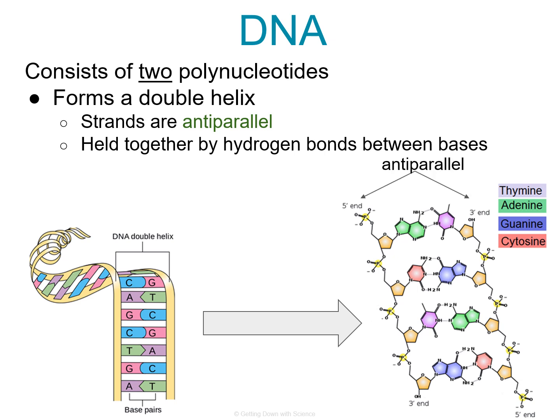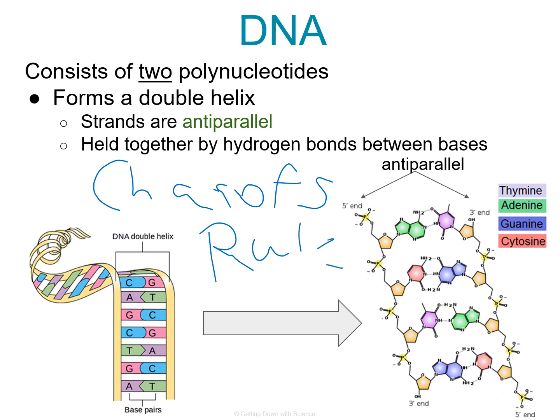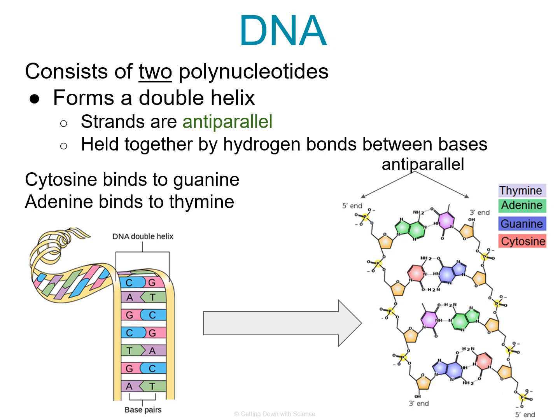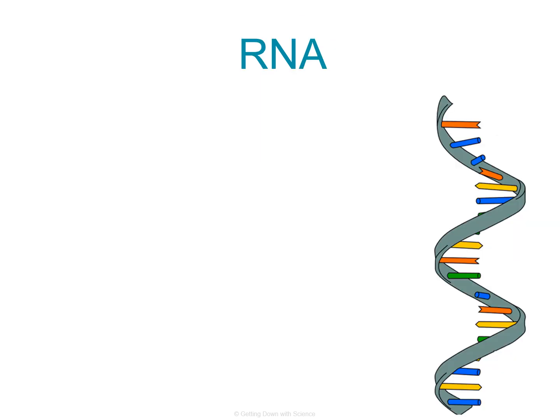They are anti-parallel, so there's a rule, and this is a super important rule that I want you to remember. It's called Chargaff's rule. And that is that adenine always pairs to thymine and guanine always pairs to cytosine. It's super, super important to remember.